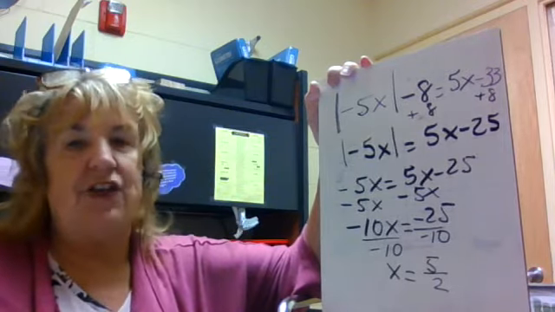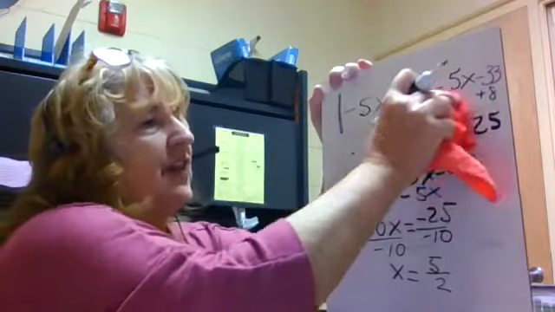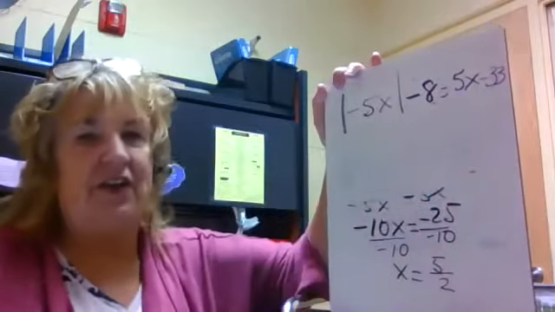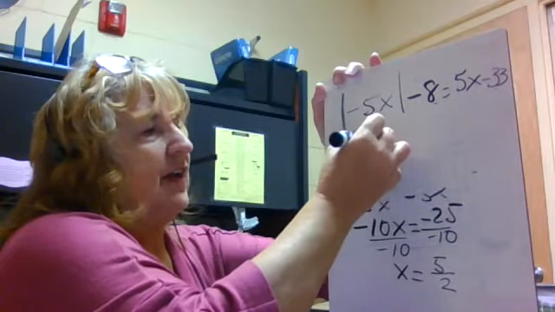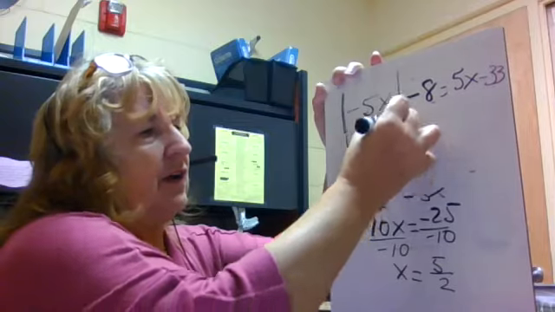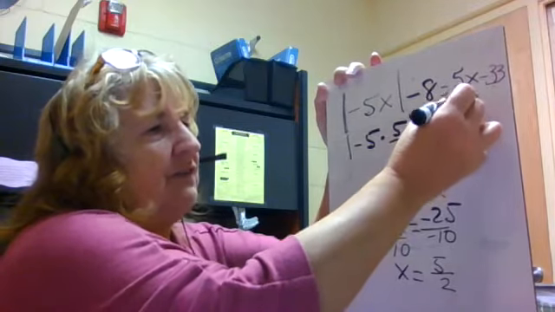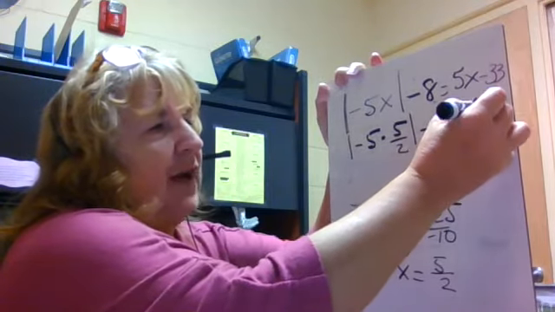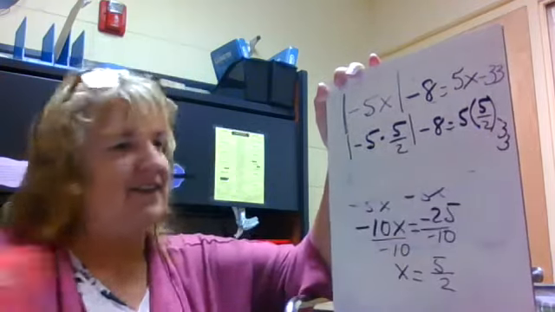Now we go ahead and check it. So in order to make it easier to see, let's just erase this and we'll put it in right underneath the problem. So I have negative 5 times 5 over 2 minus 8 equals 5 times 5 over 2 minus 33. Sorry about that.